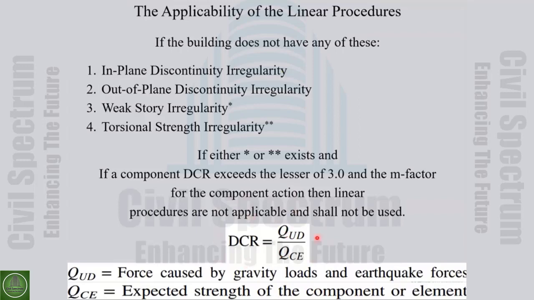It also depends on strength irregularities. It's not soft story irregularity, it's weak story irregularity. It's not irregularity in stiffness, it's irregularity in strength, or not torsional stiffness irregularity, but torsional strength irregularity.